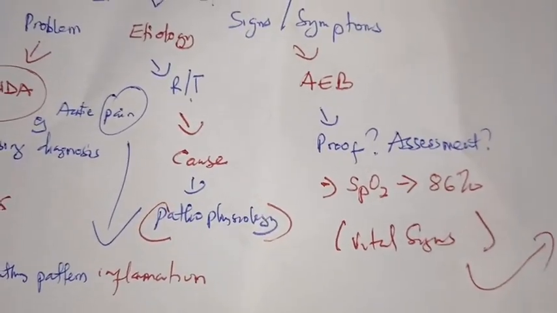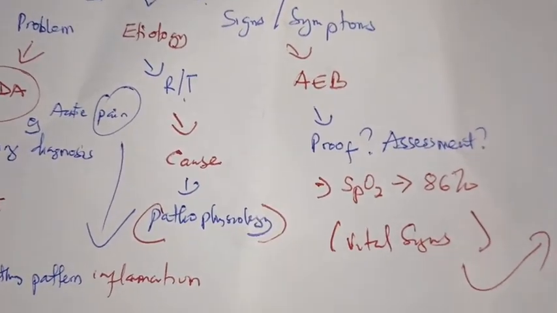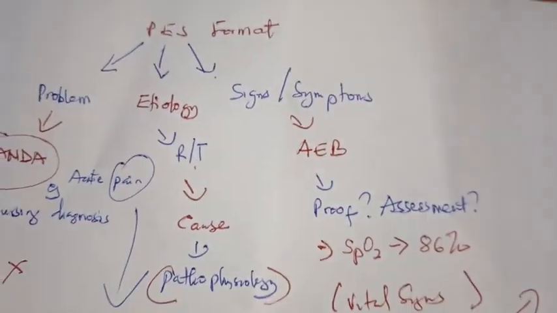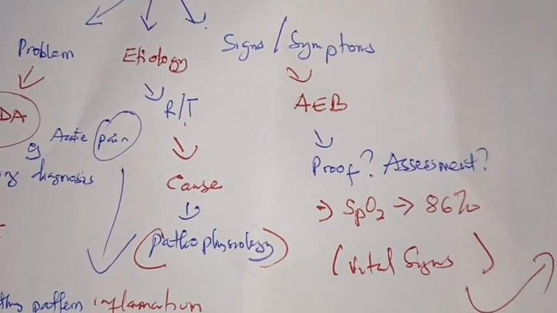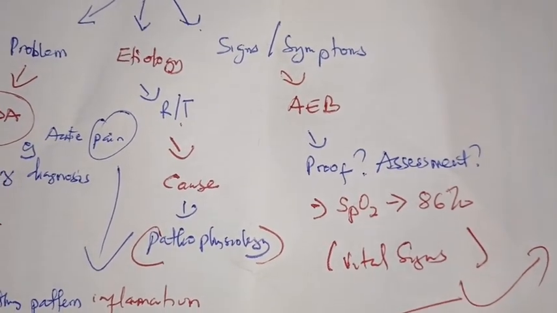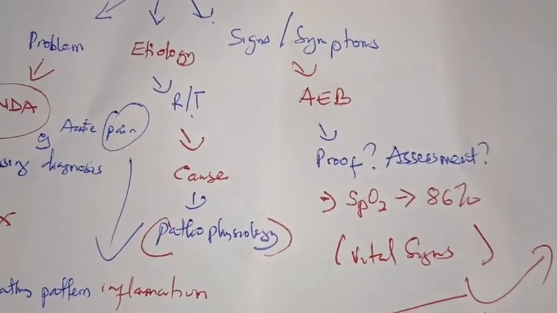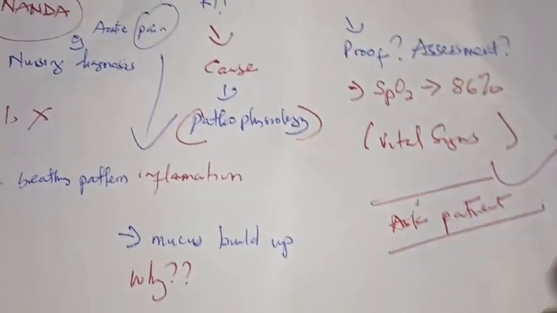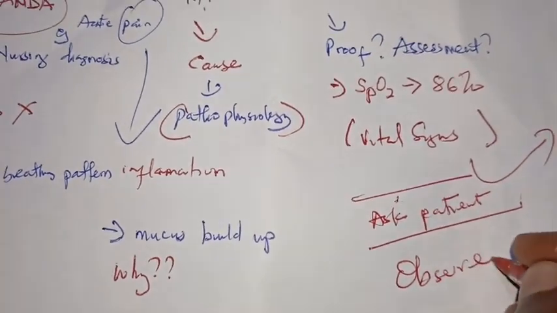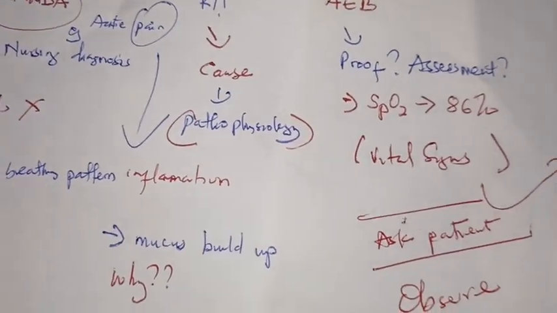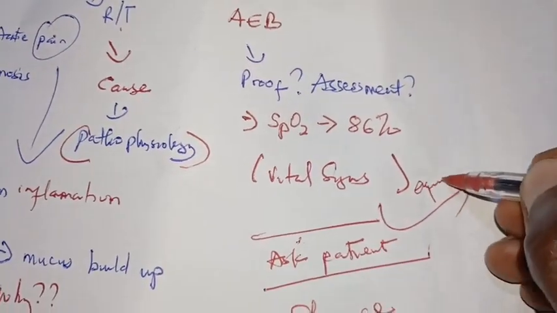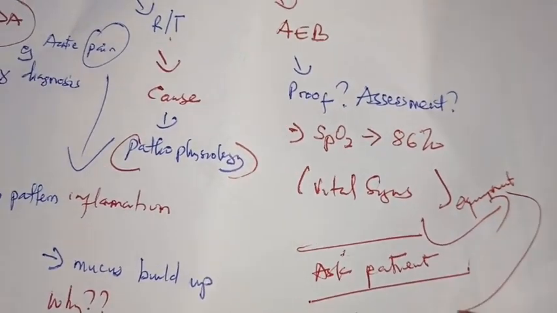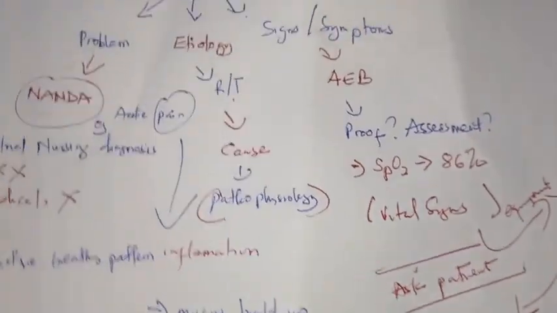Your vital signs can be a source material for the signs and symptoms part. And not just objective. You can also ask the patient. And not just that, you can also observe, by using your equipment or through observation.